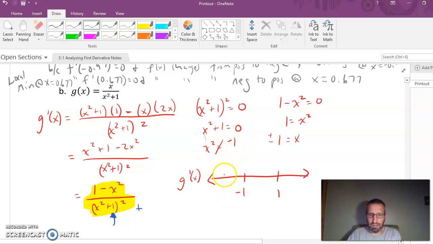All right, let's think about plugging in a -3, -4. If I plug in a -3, -4 here, squaring it will be a positive, right? +9, +16. And 1 minus that will be negative. So negative divided by that positive will be negative. All right. I think I'm just going to jump over here to the right side. If I plug in x equals +3, let's say, now I'm going to end up with 1 minus 9 again in the numerator.